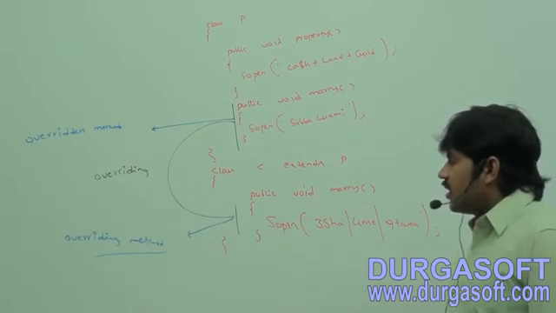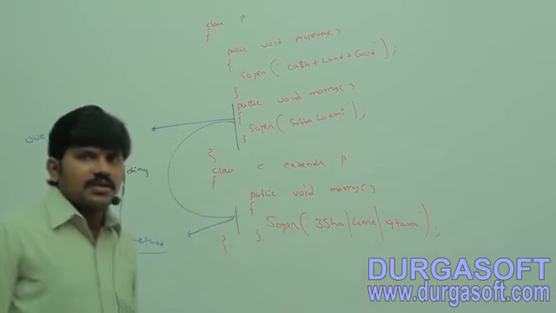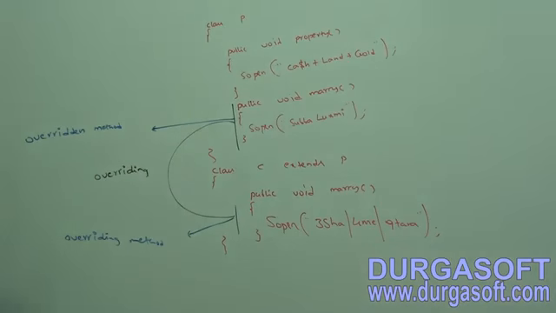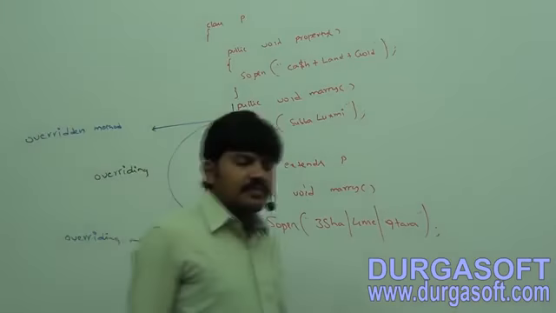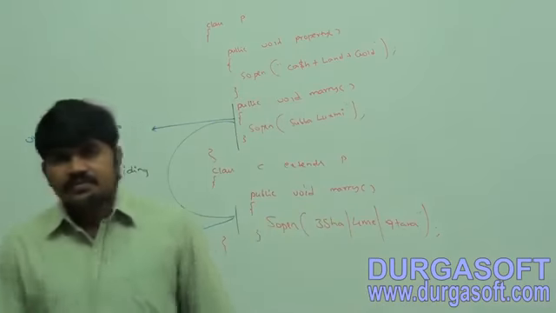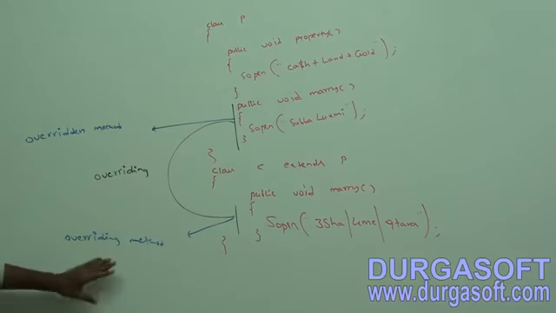And the child class method which is overriding is called the overriding method. Are you getting?